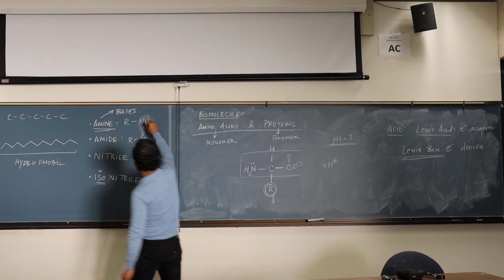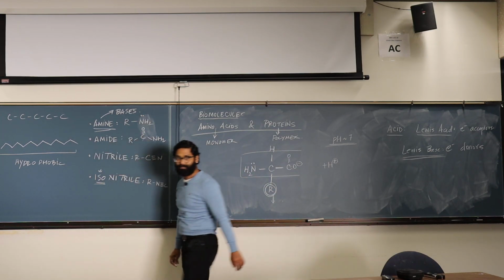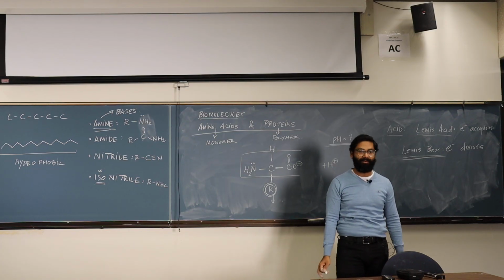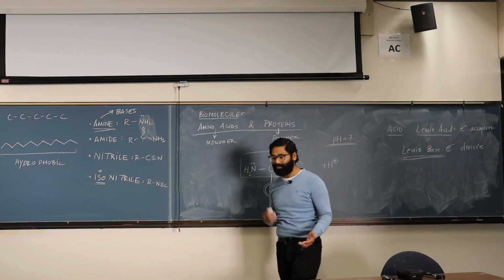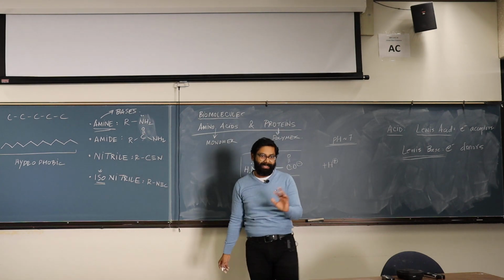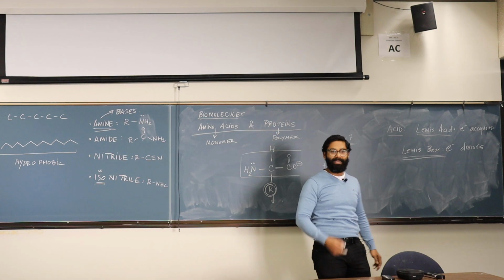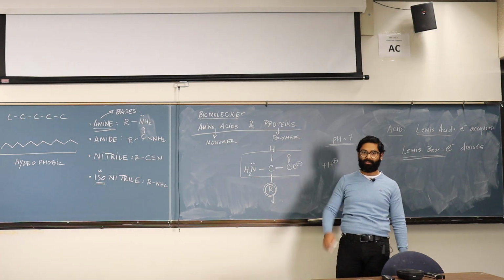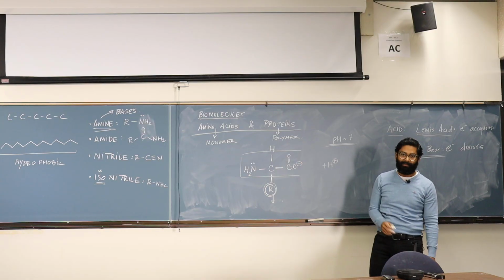What is the seat of that basicity? These electrons. Now, some of them might be readily available, some of them might not be readily available. So the propensity of the basic character will change, but nevertheless they're all basic. So we'll see purine, pyrimidine, all these kinds of bases, and we'll see them in the DNA structure. So these play a very important role there.